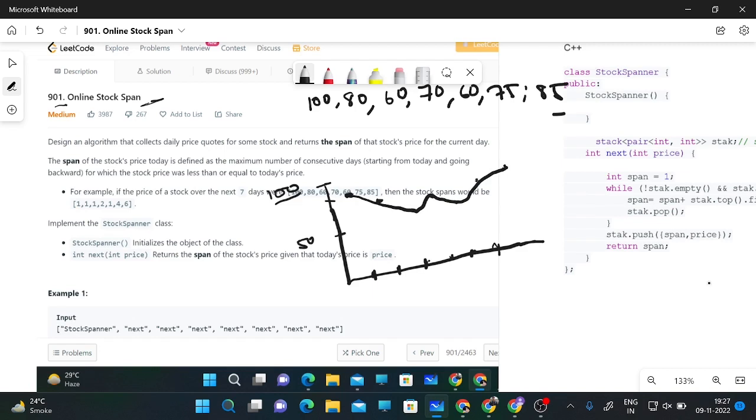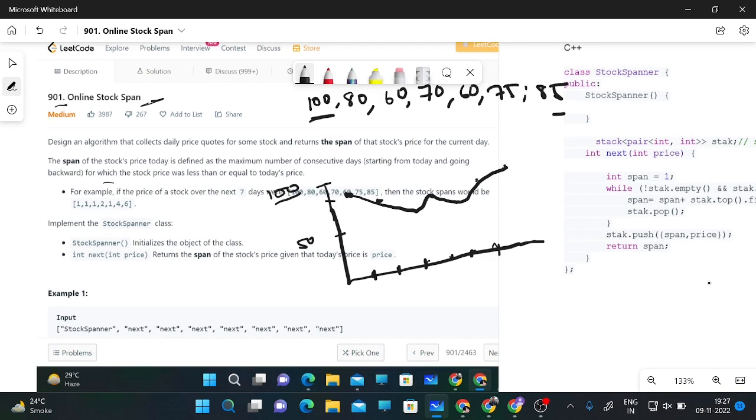So now we need to find the span for each day. For 100 we need to find the maximum number of consecutive days for which the stock price was less than or equal to today's price. So for 100 we will check the previous days.